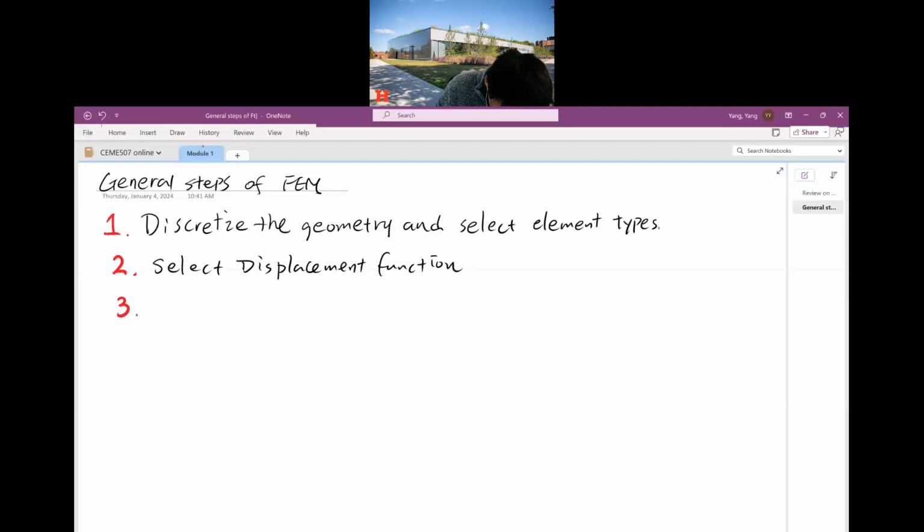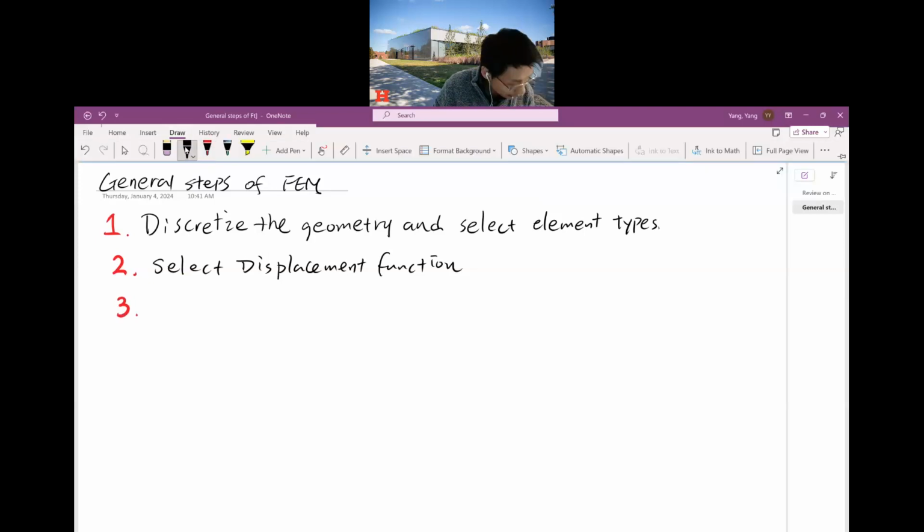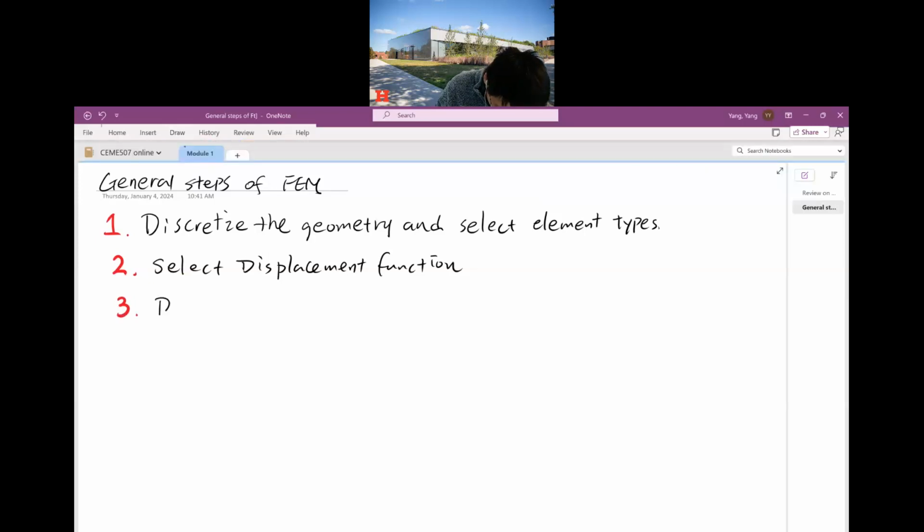So the third step we call define element relations.